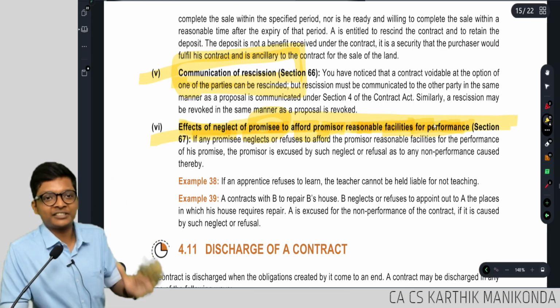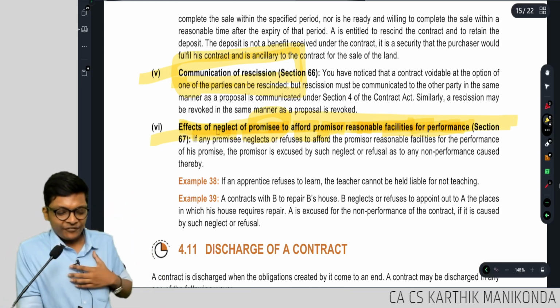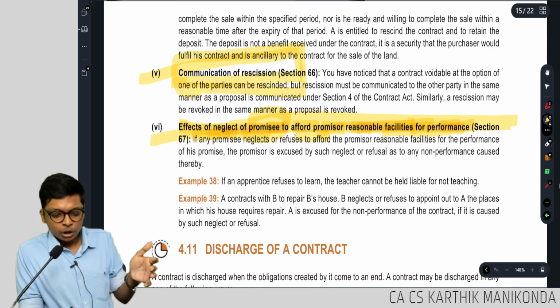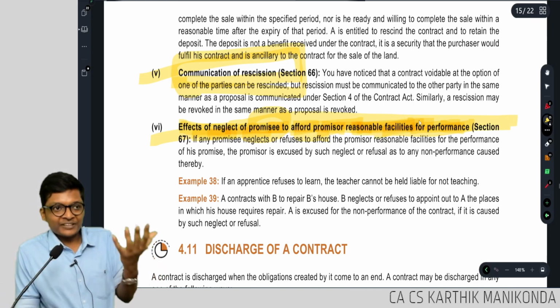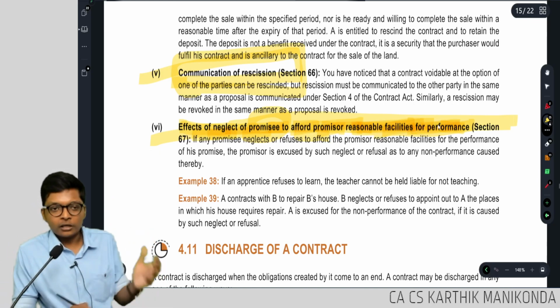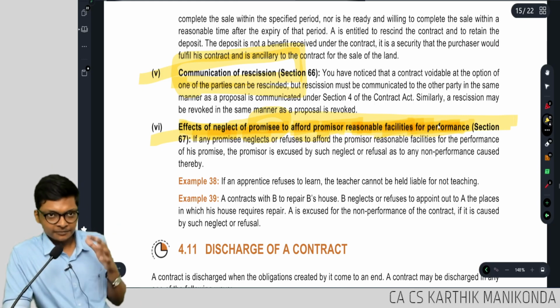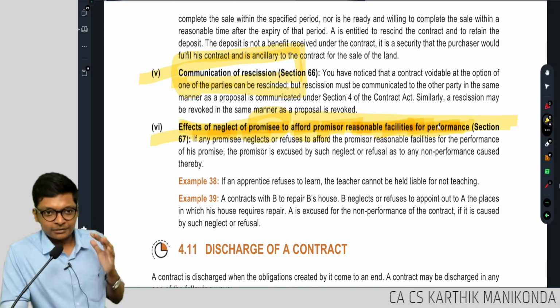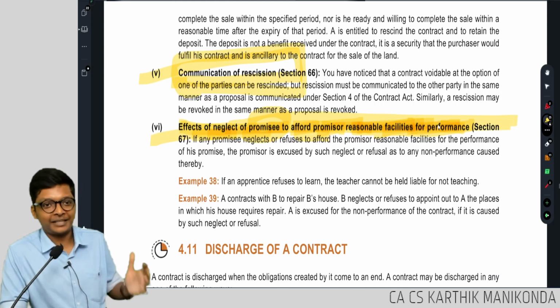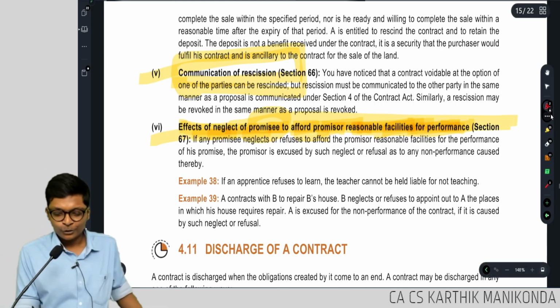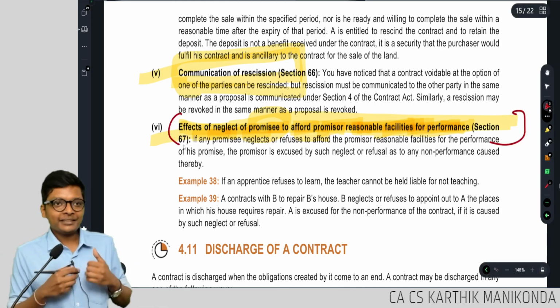Not providing reasonable facility. Same with class. Effect of neglect of promisee. You guys, to afford the promisor reasonable facilities, be silent for performance. Are you following, guys? Today's class, I don't have to worry about silence. You will become silent automatically with tiredness. Okay, so not an issue. Generally I am saying. Following, clear, guys.